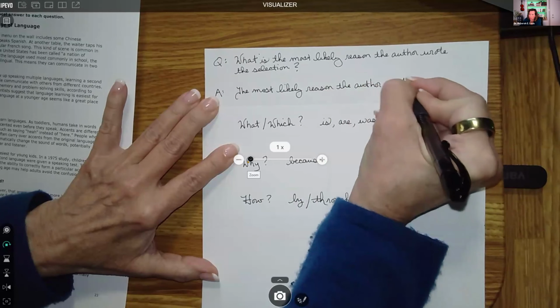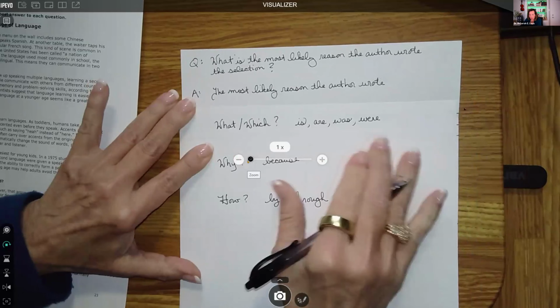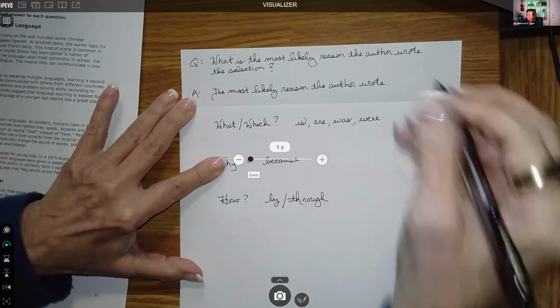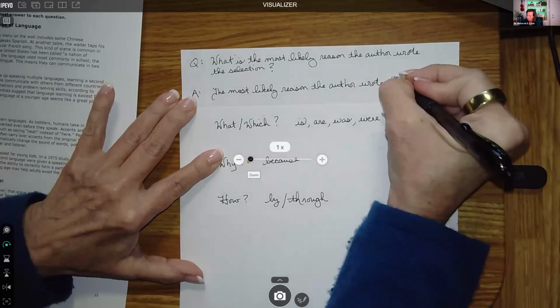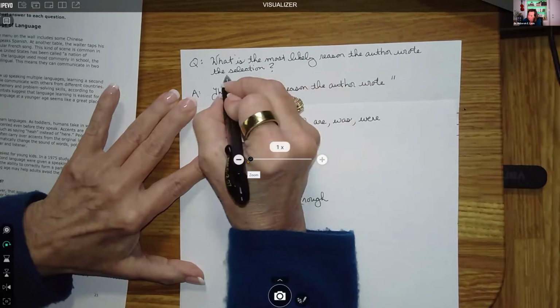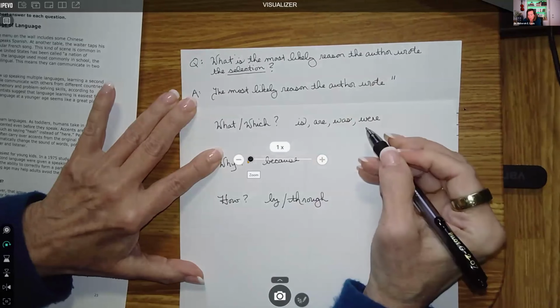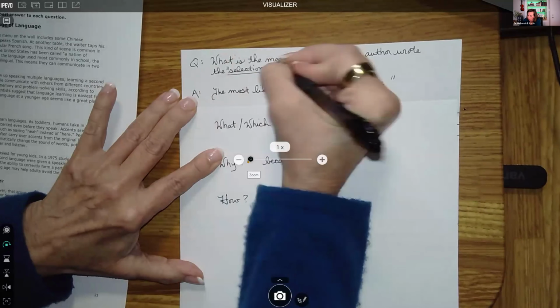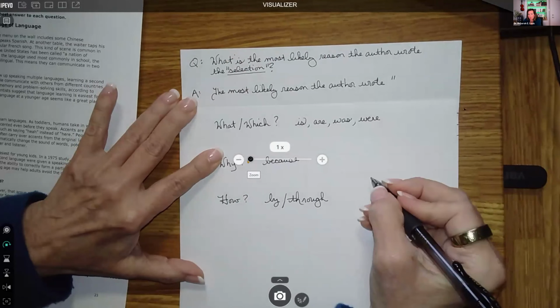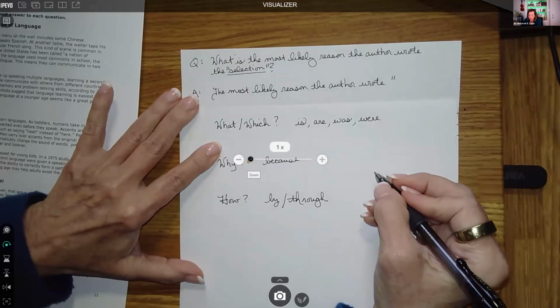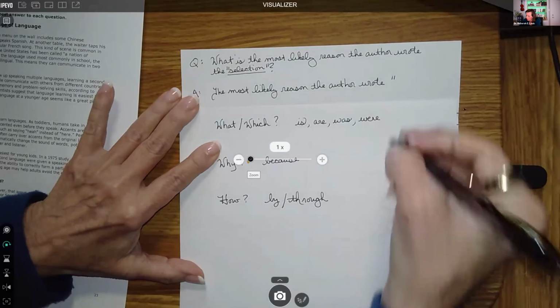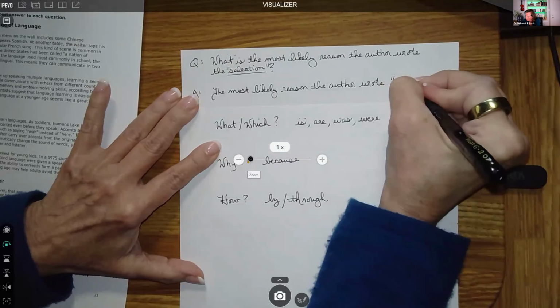And what I would do is, instead of saying the selection, I would tell my students, go ahead and put the title in here. So if it says the selection, then why don't you go ahead and put the title in here? And remember that a title of an article is in quotation marks. And this is called the age of language.